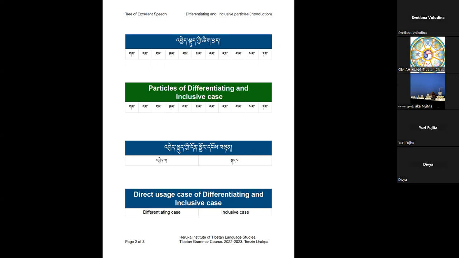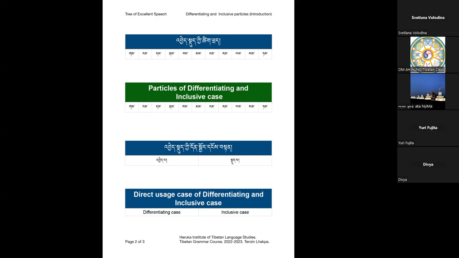Direct, what do we mean by direct? We mean directly stated in the text, meaning the ones which are in the text. So that is what we mean by direct when we say direct usage case, meaning that these usage cases that you see here were stated in the actual text. So direct usage case and inclusive usage case.